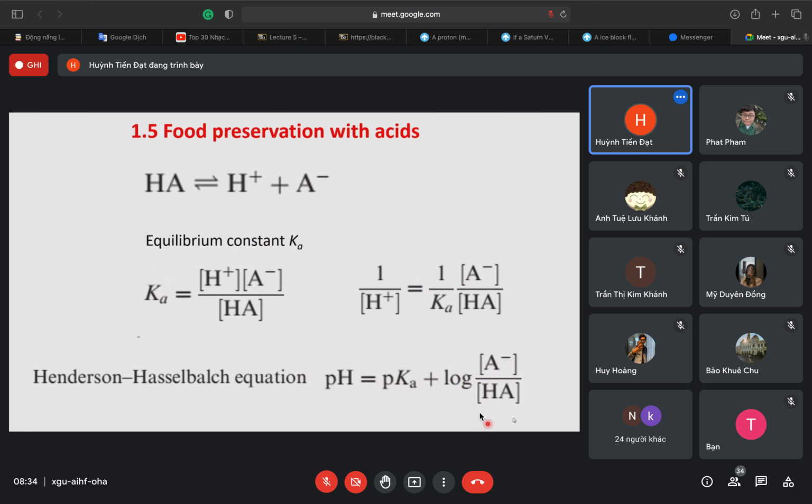Based on this, we can predict how much of the acid is in the form of acid or in the form of ions. After that, we can predict the effectiveness of the acid when applied in food preservation.